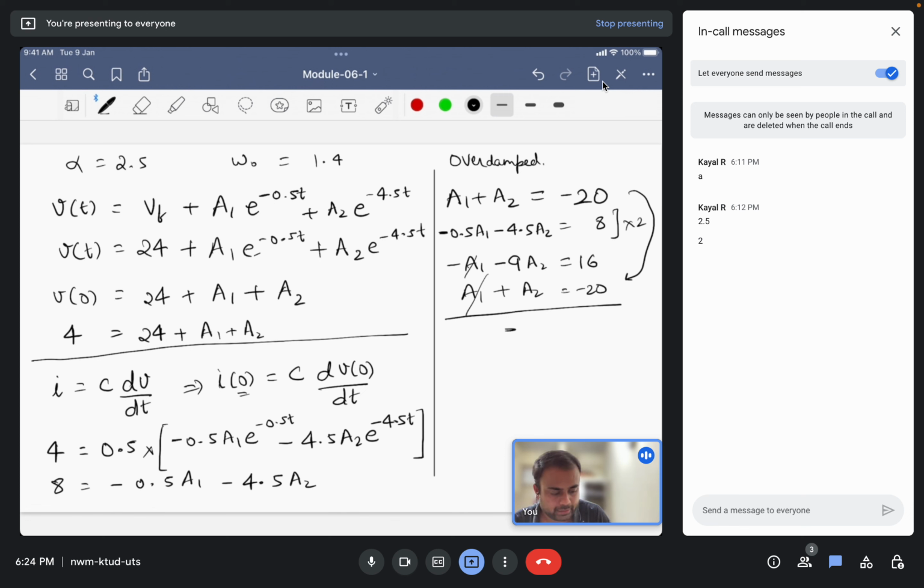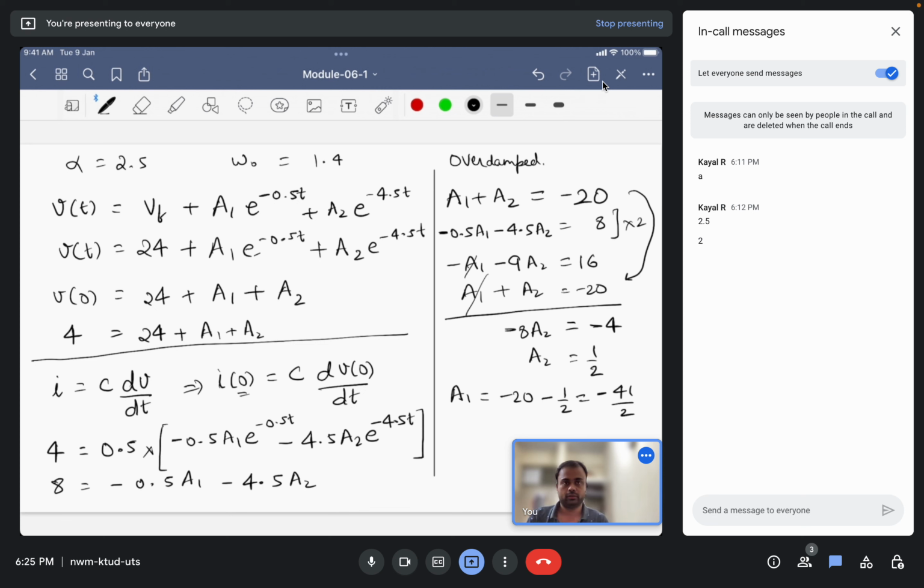It will be minus 8A2 equal to minus 4, so A2 will become 1 by 2. Similarly, what will be A1? A1 is minus 20 minus A2, that is minus 20 minus 1 by 2, which will be minus 41 by 2.